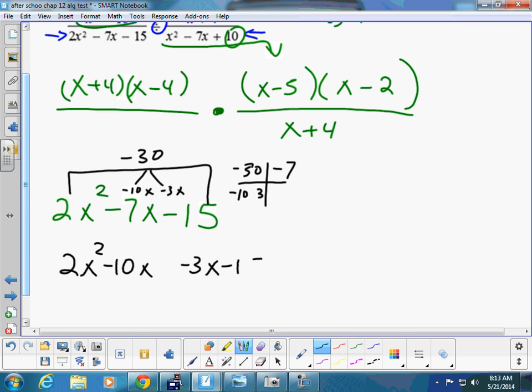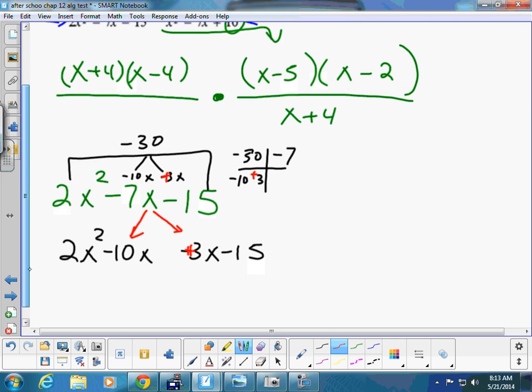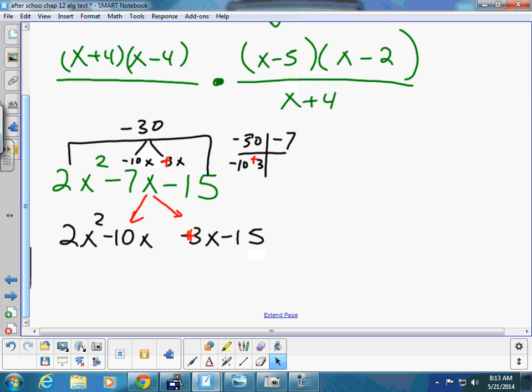And negative 15. So the negative 7x is actually a combination of negative 10x and positive 3x, as I just said.